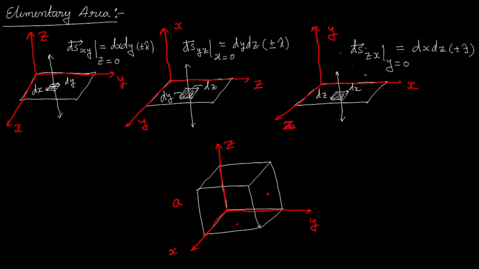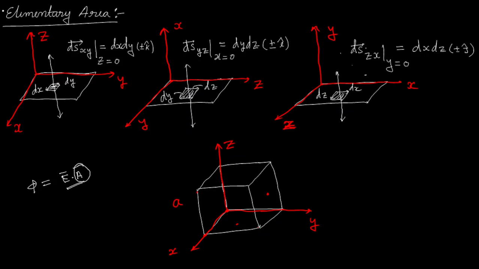For that, we know the definition of electric flux: phi is equal to E dot A. But this definition we can use only when the electric field is uniform. If the electric field is non-uniform, then what do we have to do? We have to divide the whole area into elementary areas.